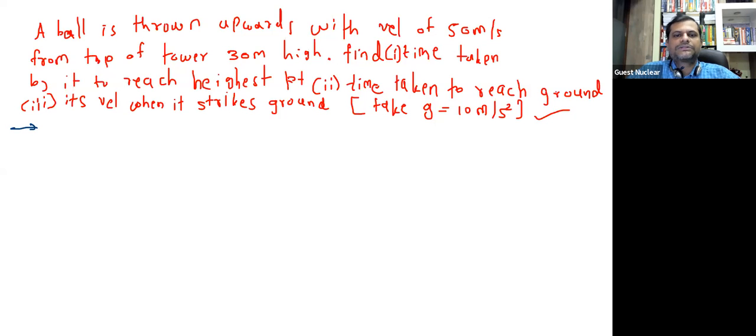See here, a ball is thrown upwards with 50 meter per second from the top of a tower which is 30 meter high.